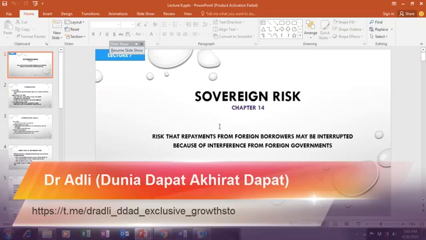That is what we call sovereign risk. Basically, it is the risk that repayment from foreign borrowers may be interrupted because of interference from a foreign government.